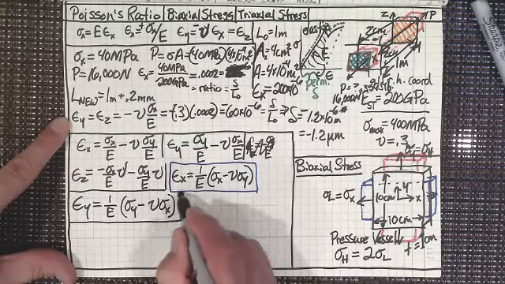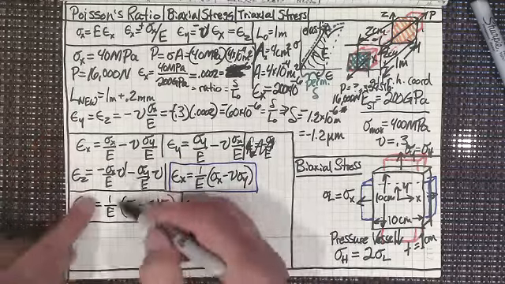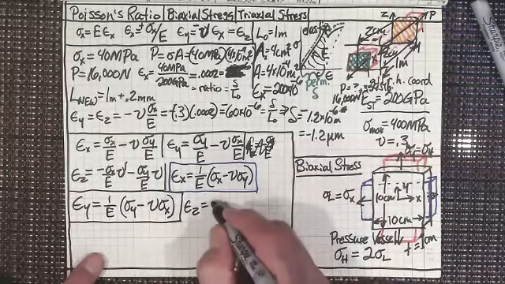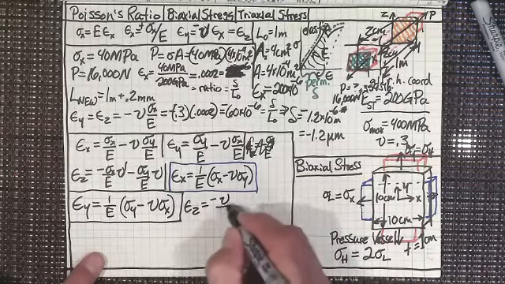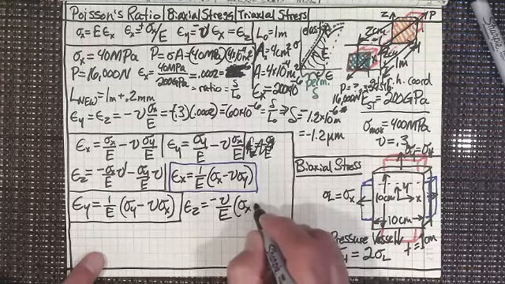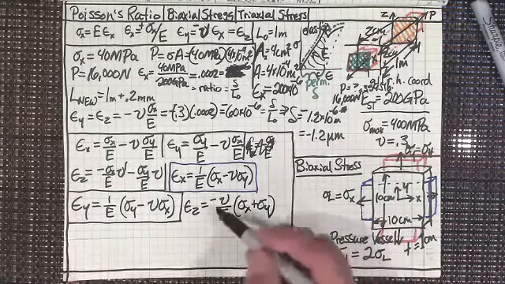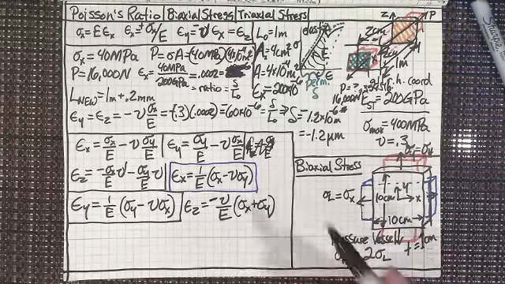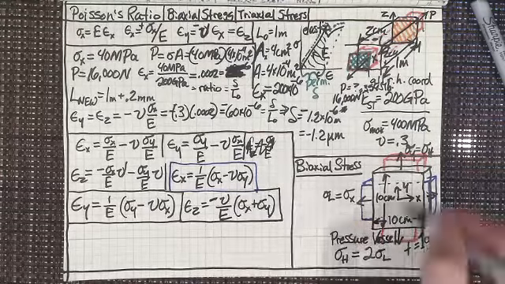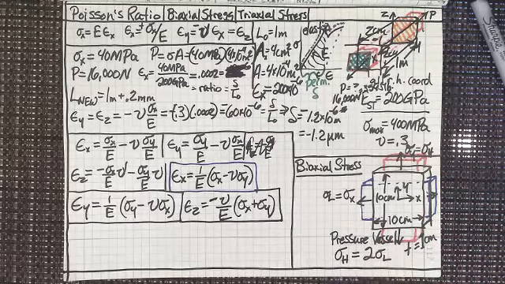Somehow I'll put a box around that. And then for z, we can take Poisson's ratio out of the equation and say it's minus Poisson's ratio over E times sigma sub x plus sigma sub y, right? And don't forget it's a minus, because both of the biaxial stresses are tending to squeeze and make the thing thinner.